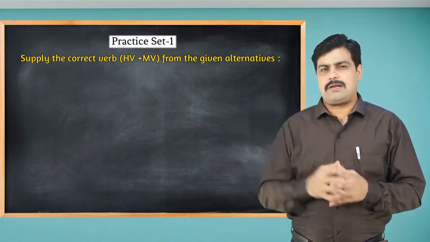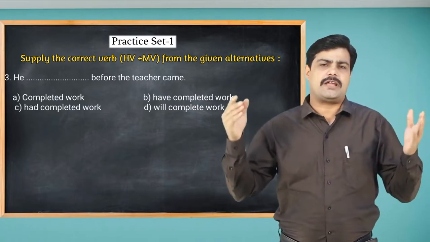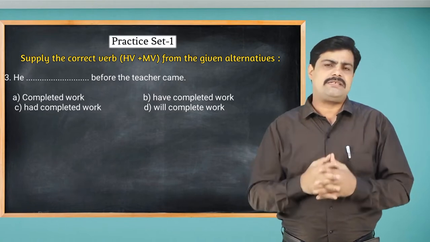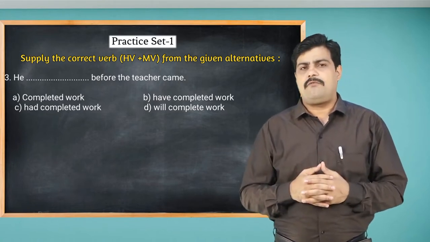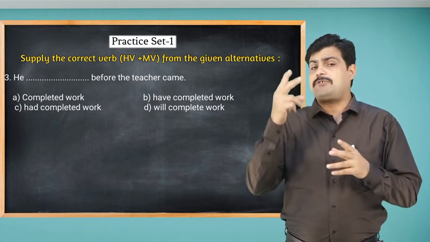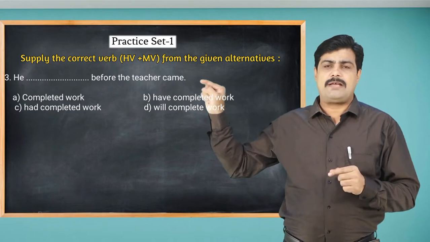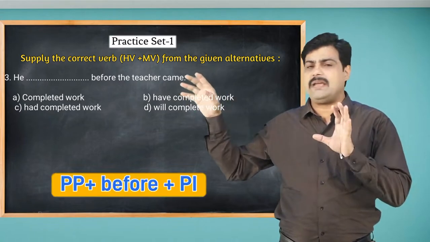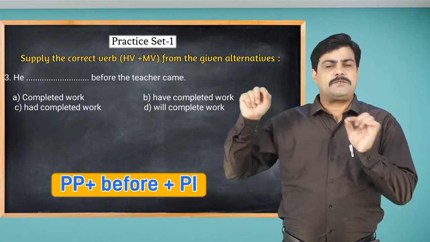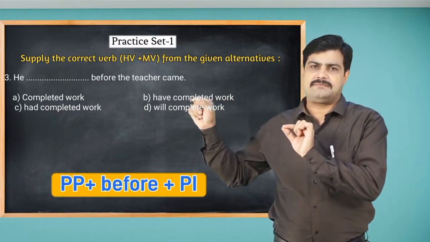Let's take the third one. He dash before the teacher came. Now if we have words in the sentence like before and after, we have to use two tenses. Here in case of before, we will use this key: PP plus before plus PI, means past perfect plus before plus past indefinite.